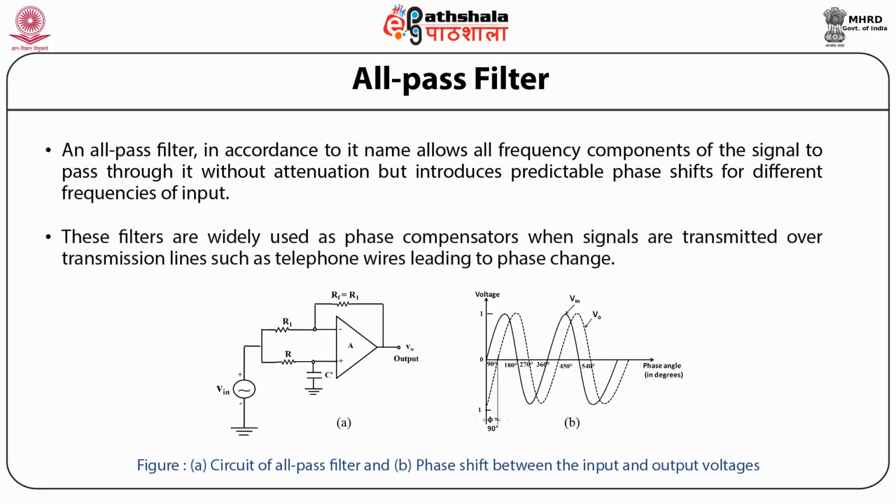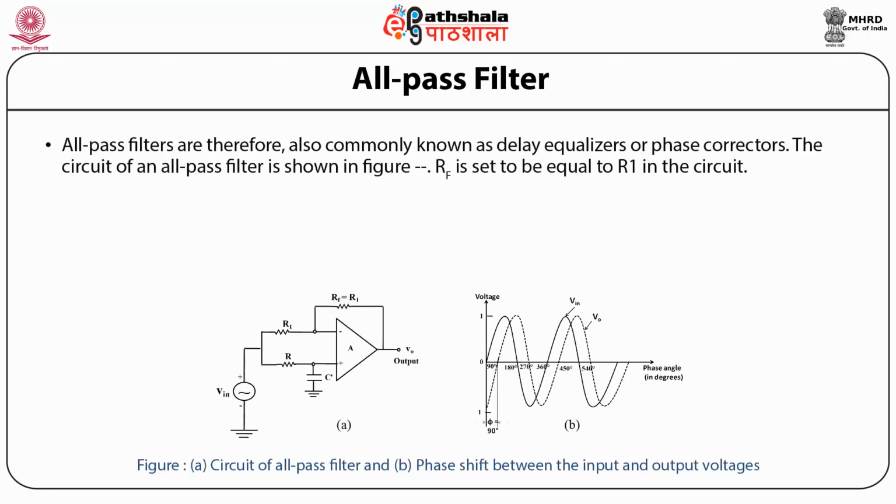These filters are widely used as phase compensators when signals are transmitted over transmission lines such as telephone wires, leading to phase change. All-pass filters are therefore also commonly known as delay equalizers or phase correctors. The circuit of an all-pass filter is shown in the figure.